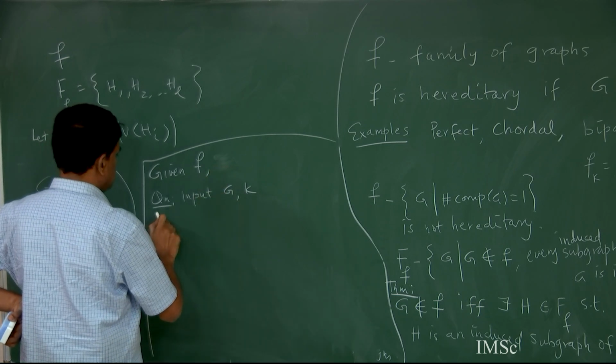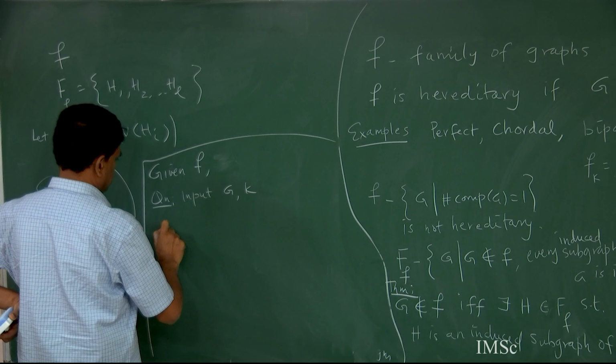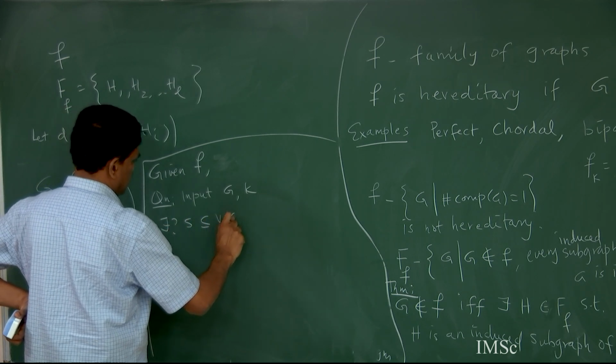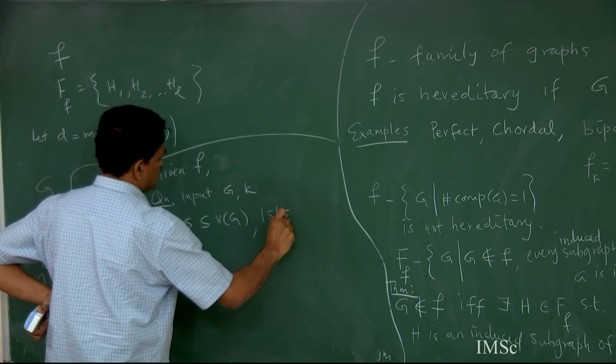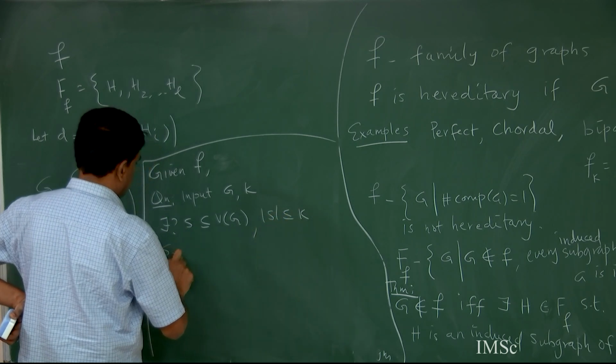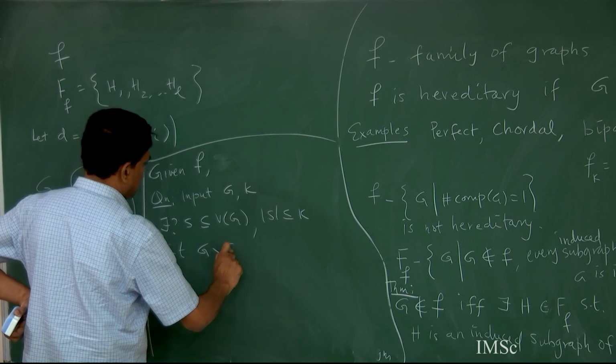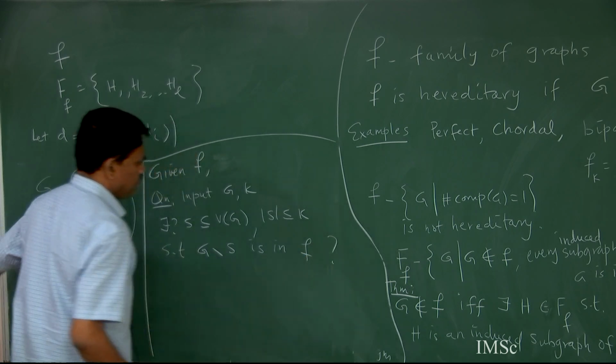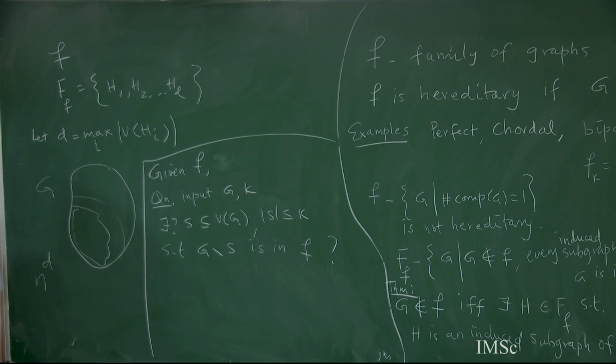The question is, does there exist a subset S of the vertex set whose size is at most k such that G minus S is in the family? Given a graph, it may not be in the family, but can I delete k vertices so that it belongs to the family?